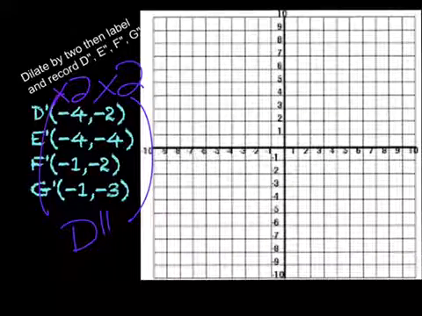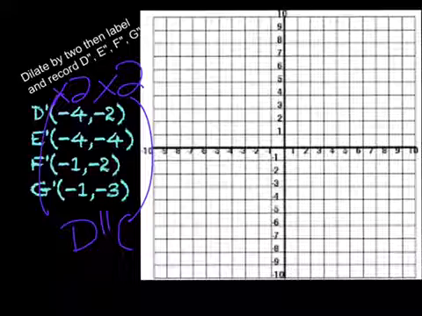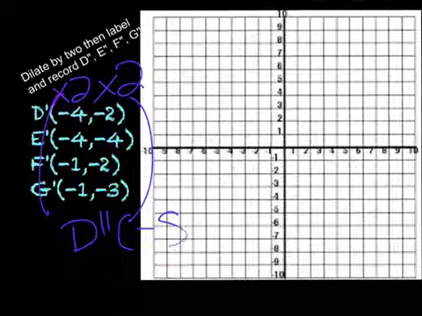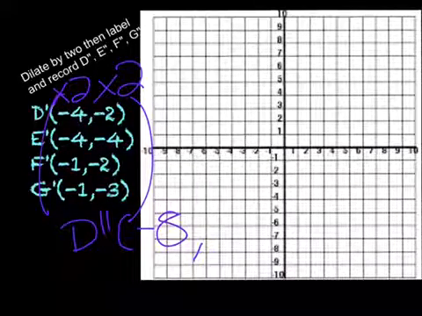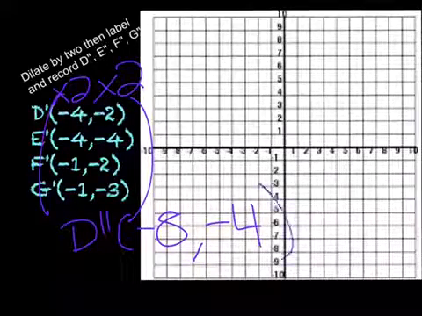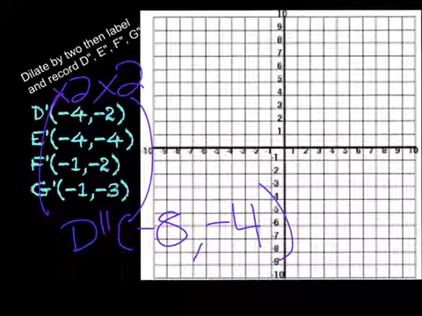It's double prime, so D double prime would be -8, and -2 times 2, which would be -4. So label that. And then just keep going until you get all of them.